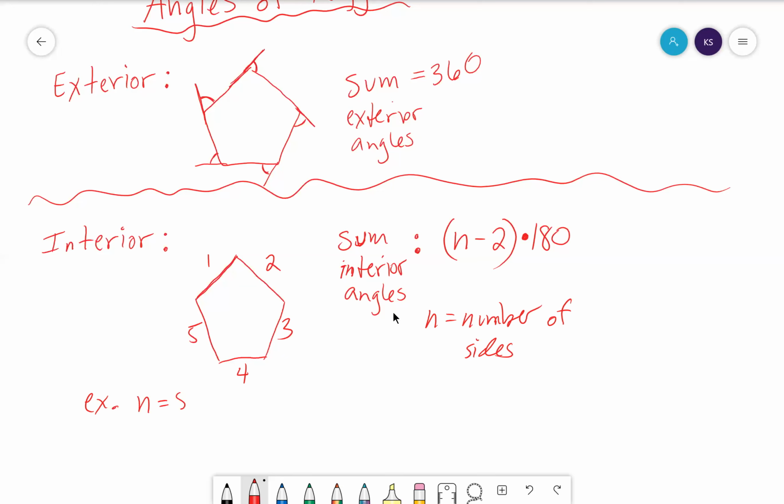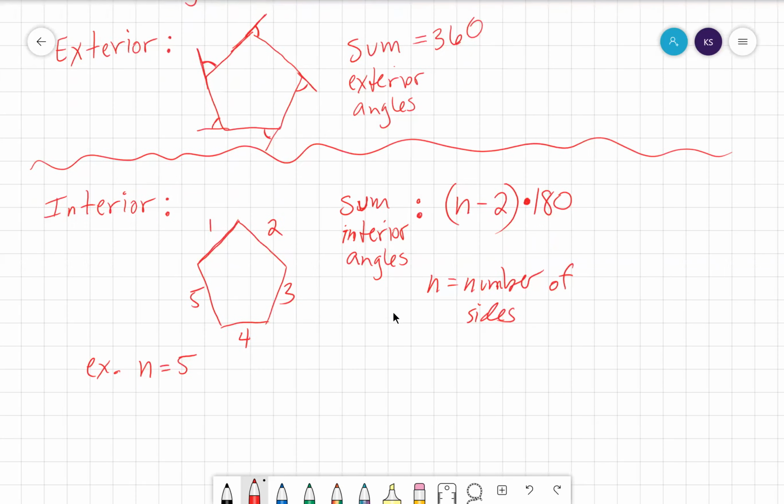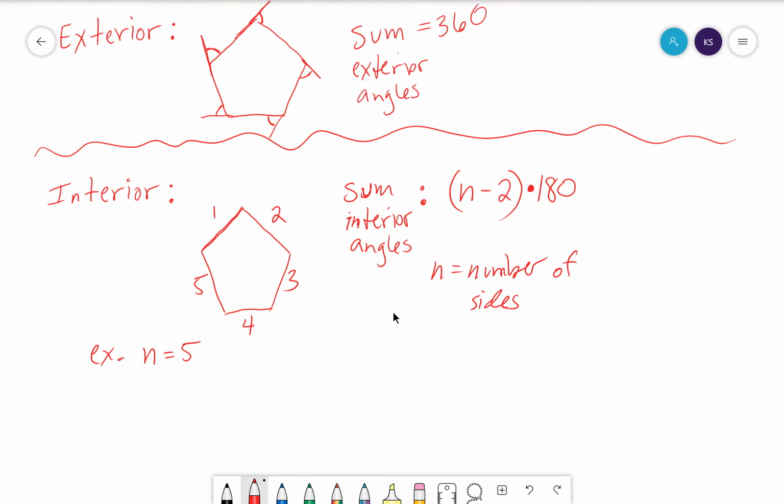So n is 5. So what I'm going to do is plug in. They're asking for the sum. We want the sum of the interior angles. All you do is instead of n, you put how many sides there are. So it's a pentagon, so it's 5 sides, minus 2, and then times 180.